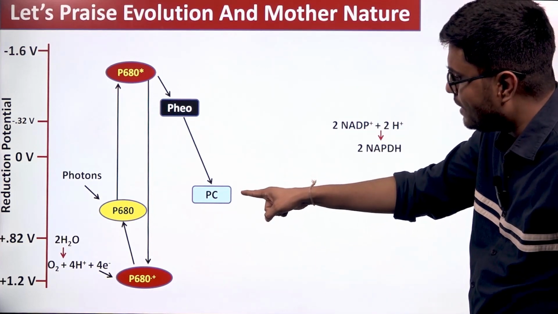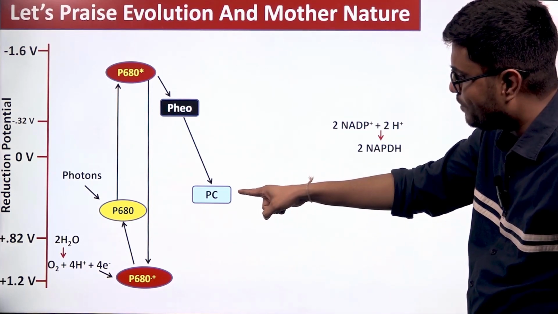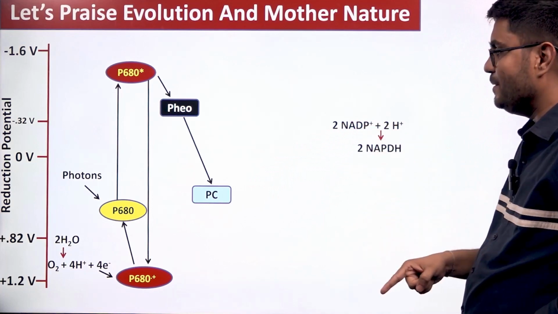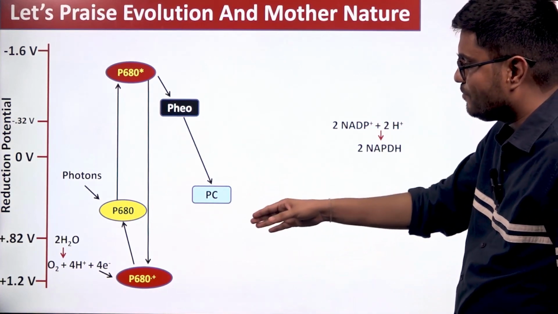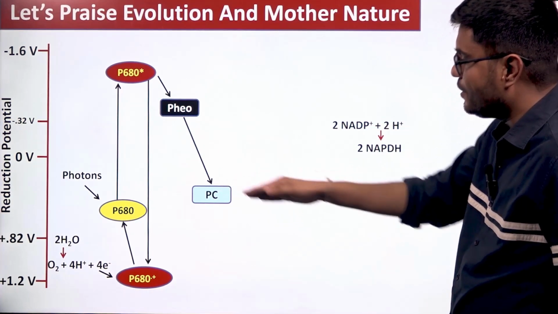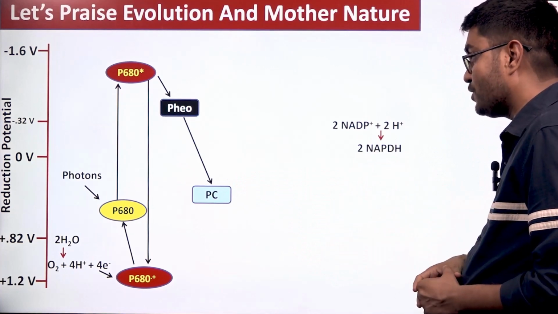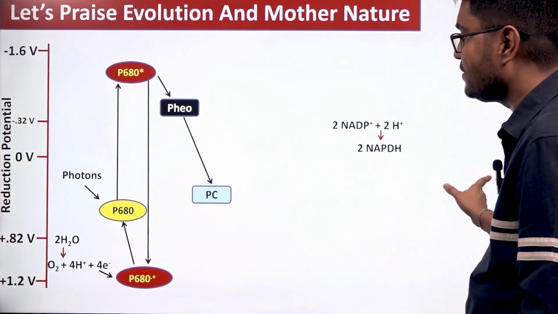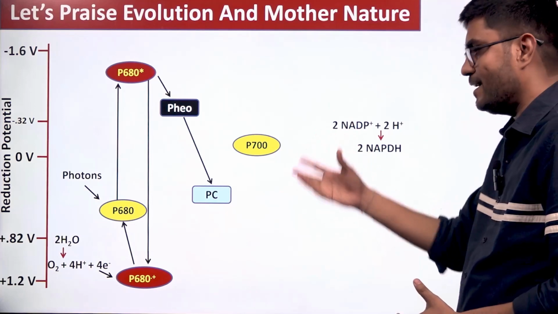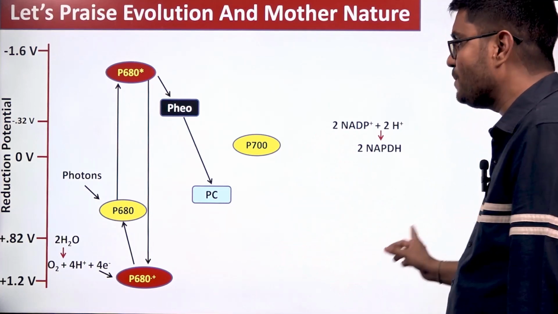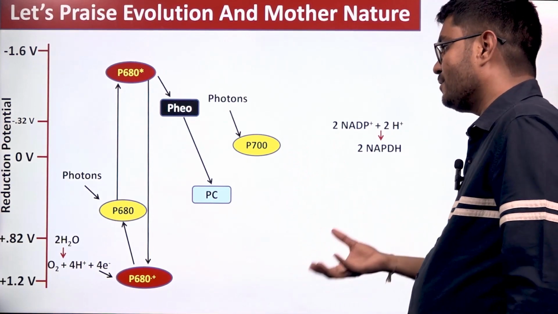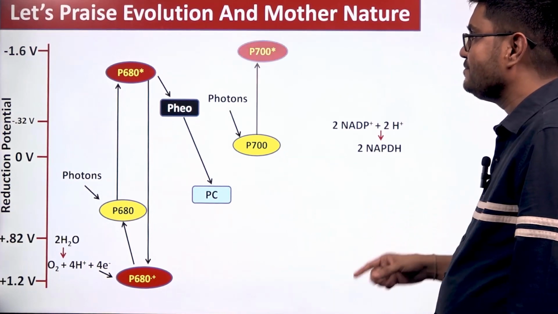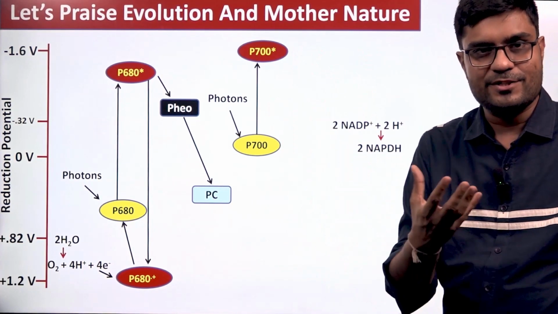So how should the electron be transported from plastocyanin to NADP plus, from high reduction potential to lower reduction potential? So we'll bring another reaction center, P700. What will it do? Accept the photon. After that, excitation, P700 star.